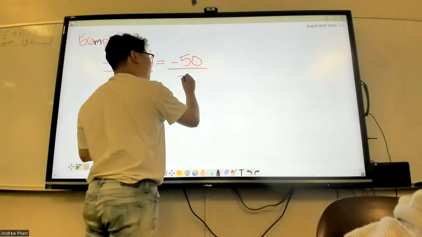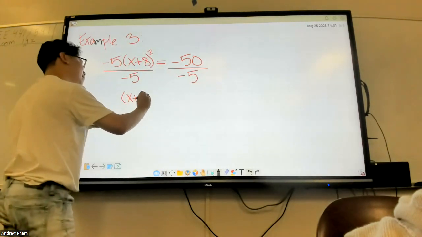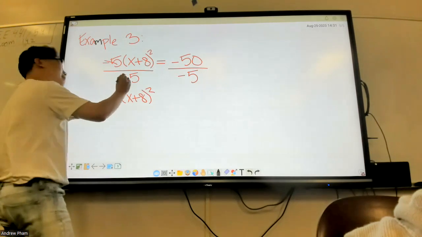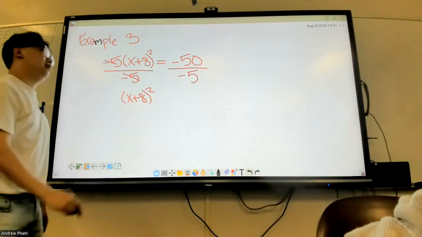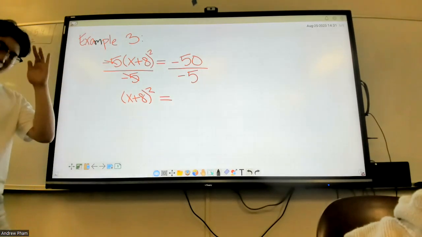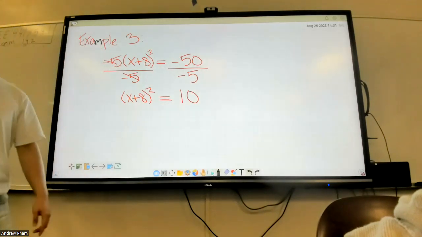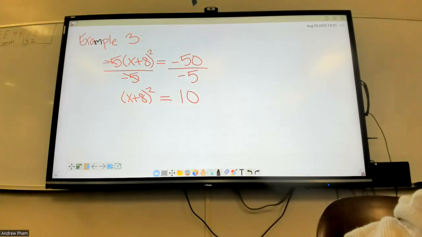So if I want to get rid of that -5, I get x plus 8 squared. That's -5, cancels with -5. And then what's -50 divided by -5? Yeah, we get a nice +10. All right, so by dividing by -5, I definitely got something squared equal to a number.